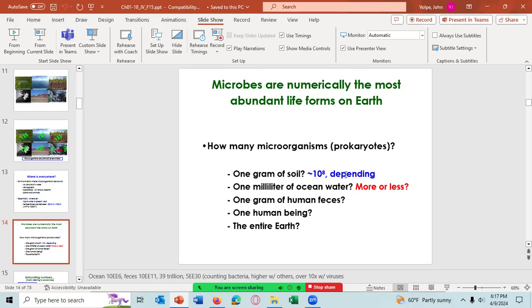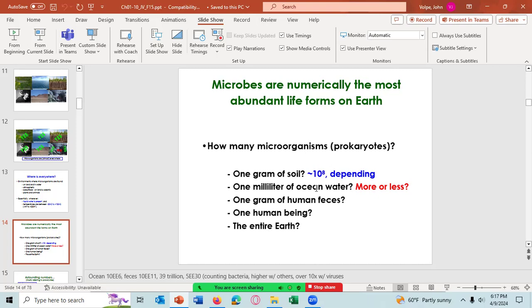So this is sort of an average, like the soil in Western Washington or Oregon at the moment will have about 1 times 10 to the 8th microbes per gram of soil. If you had wetter soil with more organic matter, you'd have more microbes. If you have drier soil, like the soil of the Sahara Desert, you will have fewer microbes.